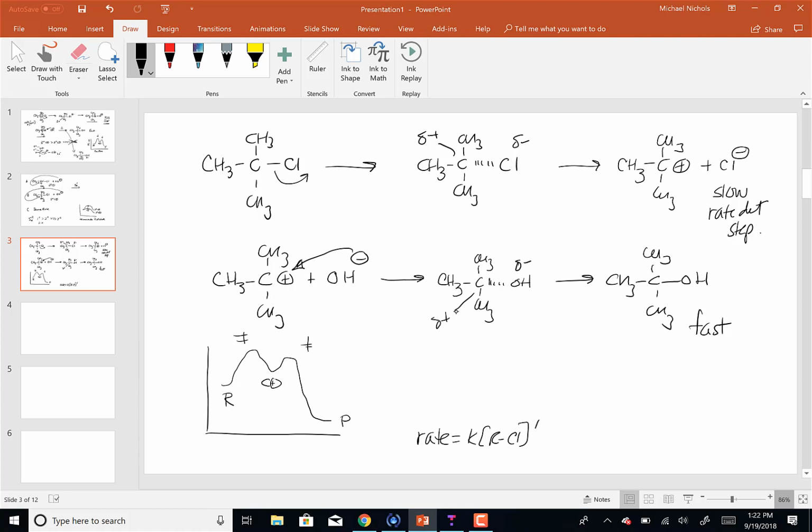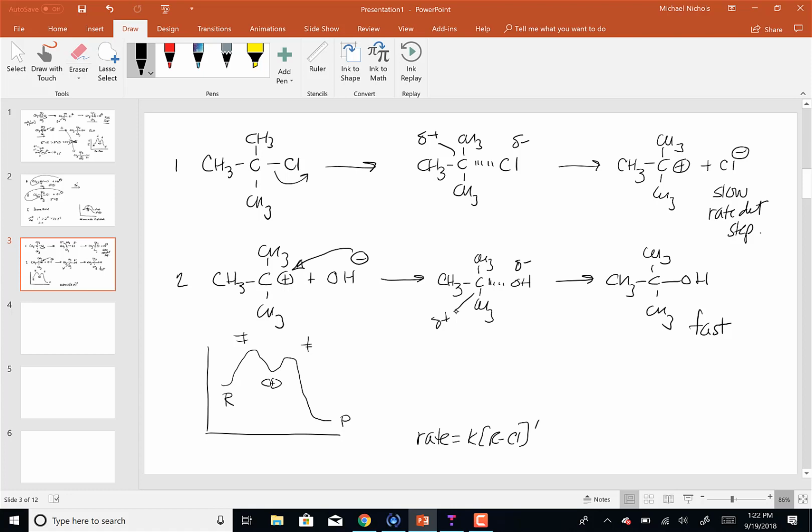It didn't show up in the rate equation. And so this mechanism where we've got number 1 and number 2, the first step gives the same rate equation, and therefore that's the rate determining step. And that's where we were at like 3 minutes before the end of class.